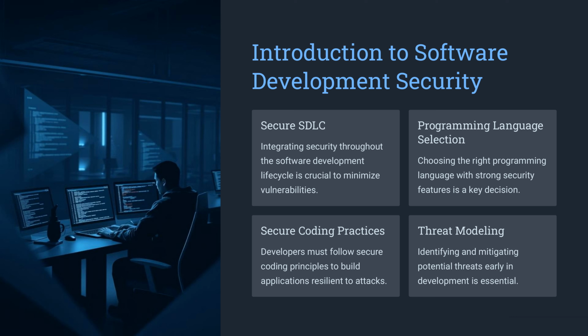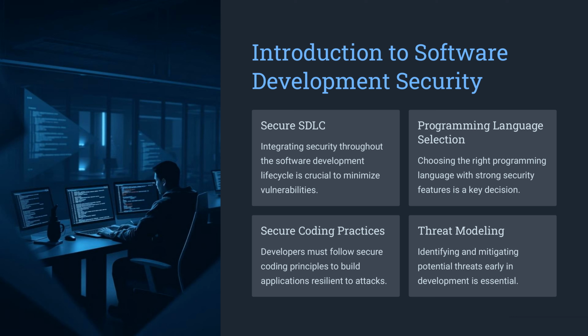In this session, we are focusing on the integration of security throughout the software development lifecycle, or SDLC, emphasizing its importance in reducing vulnerabilities across the development process. When selecting a programming language, it's important to consider those that offer strong security features to ensure the robustness of your applications. Additionally, developers should adhere to secure coding practices.